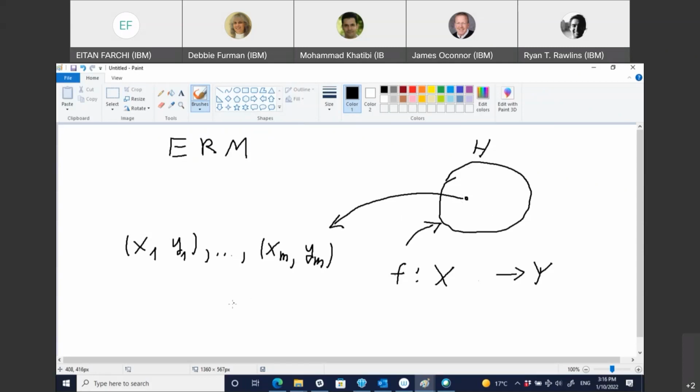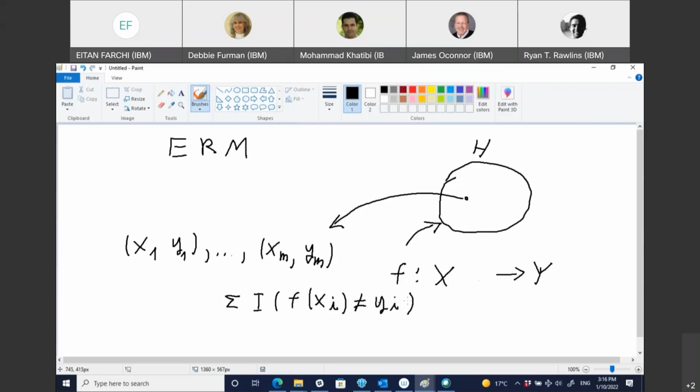So maybe I'll look at the sum of the indicator of whether f of xi is different from yi.